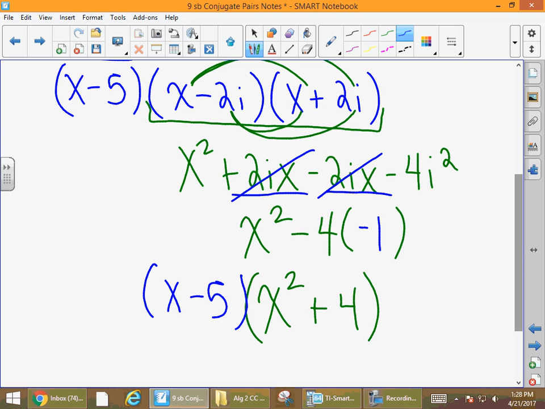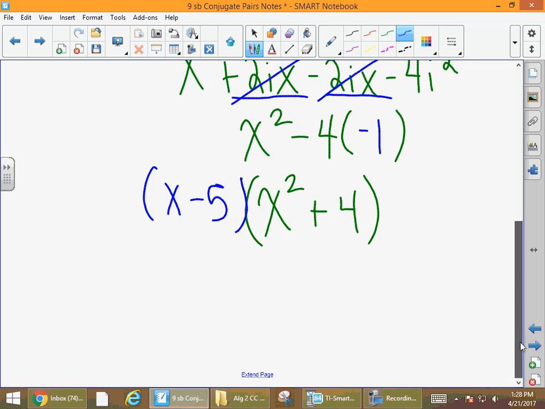And this should look very, very familiar in comparison to what we did on the earlier lesson this week. So now we've got our blue binomial that we can multiply through, and that eventually is going to lead us to our standard form and able to answer our other questions.